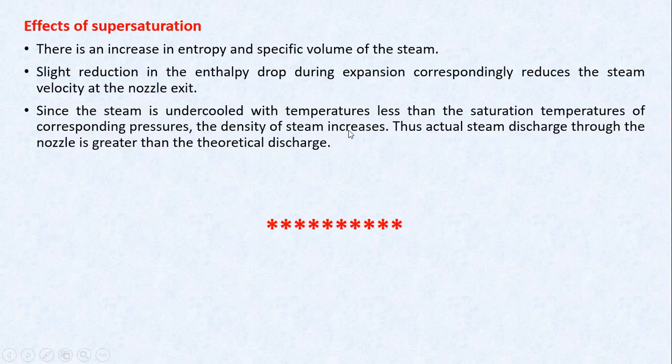We know the mass flow rate m is equal to rho A V. With the increase in density, and since density is directly proportional to the mass flow rate, the actual steam discharge through the nozzle also increases, and that's why it will be higher than the theoretical discharge. Thank you.